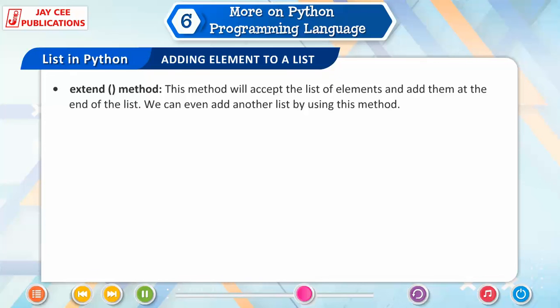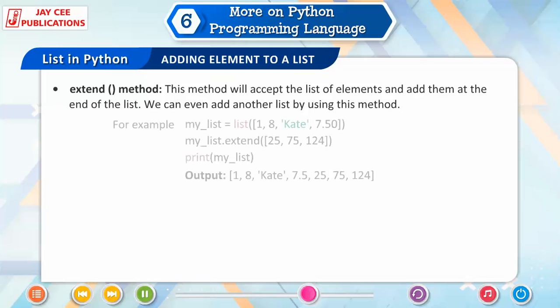Extend method. This method will accept the list of elements and add them at the end of the list. We can even add another list by using this method.